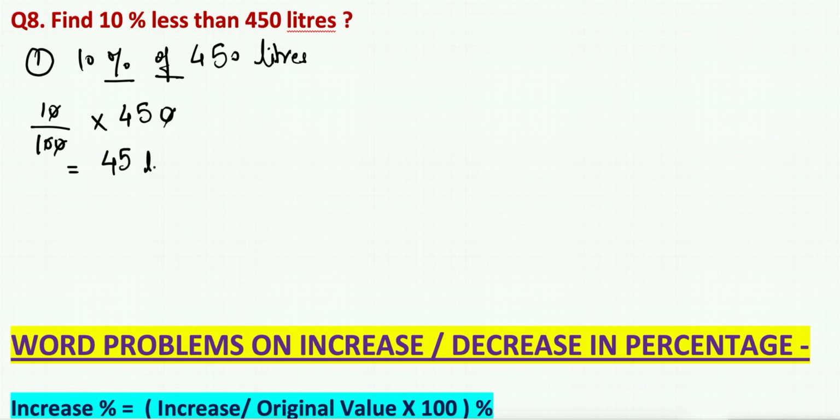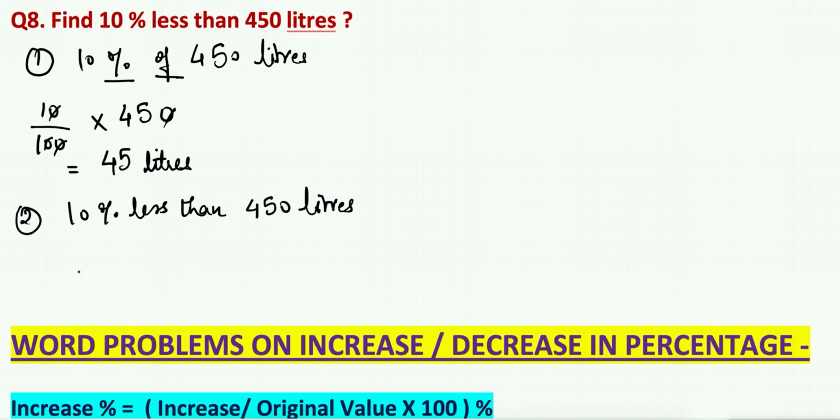Now step number 2, 10% less than 450 liters. So for less than we have to subtract it. So what is 10% we got? 45 liters.